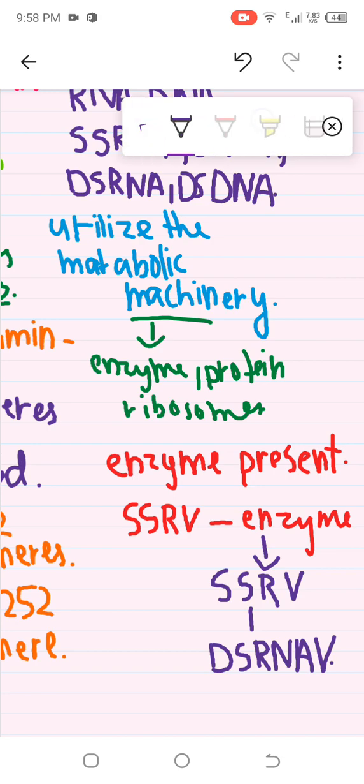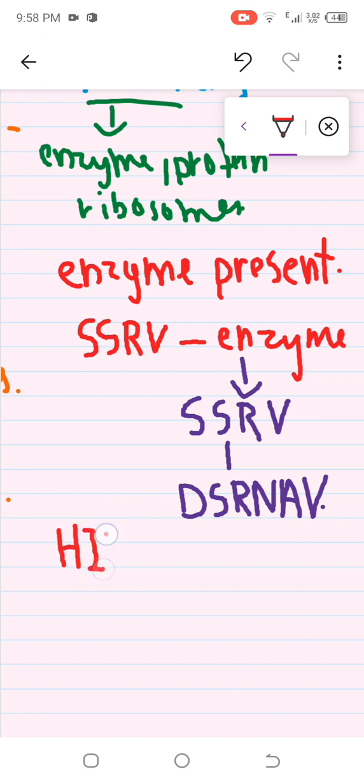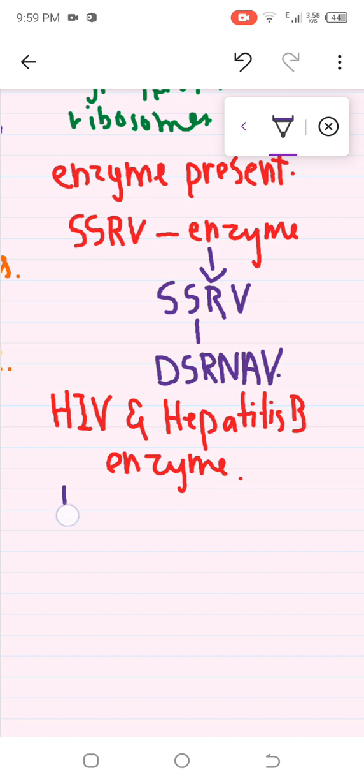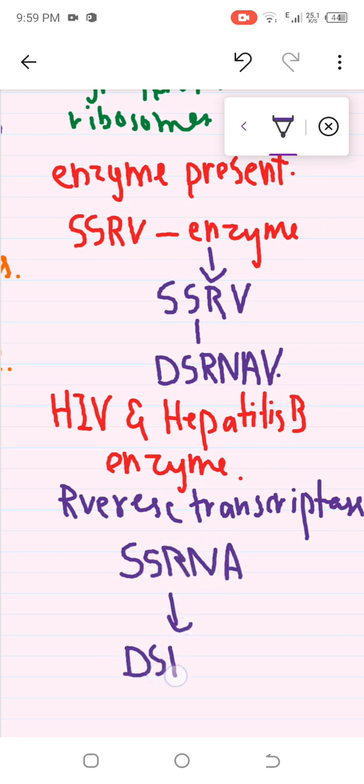Another one: if you talk about HIV and hepatitis B, not every hepatitis, but hepatitis B, they have the enzyme reverse transcriptase, which converts the single stranded RNA genome into a double stranded DNA genome.